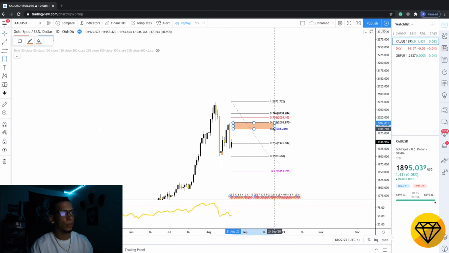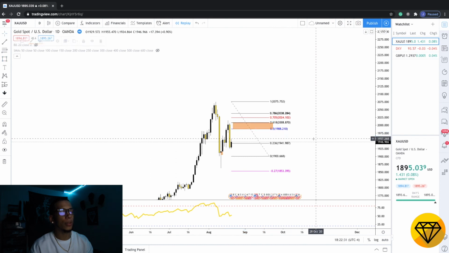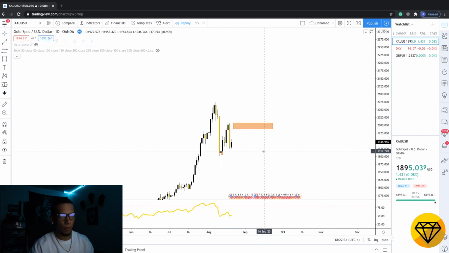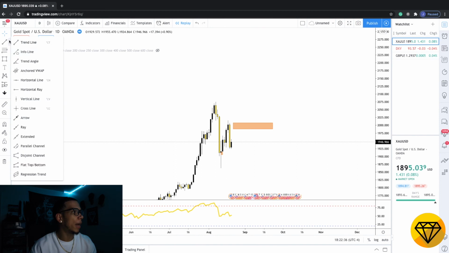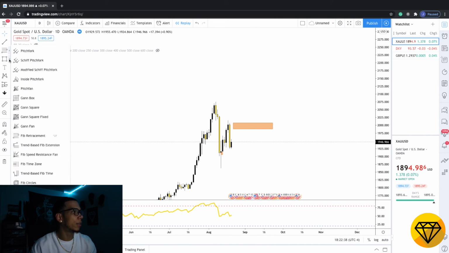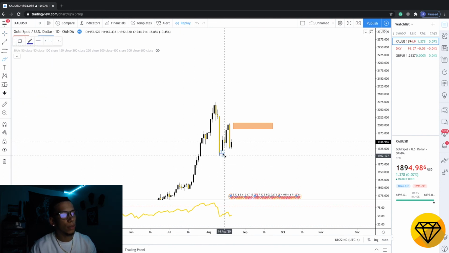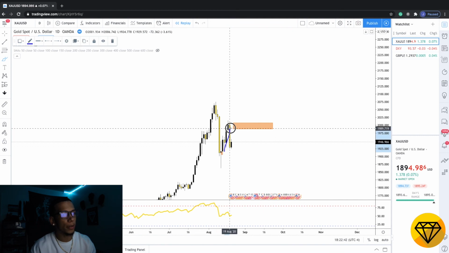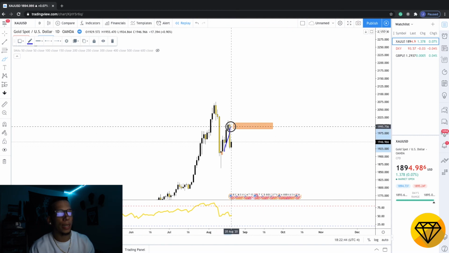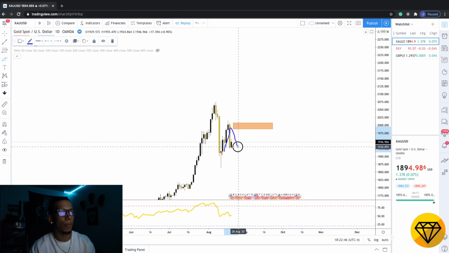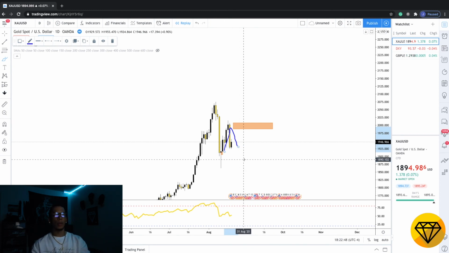Boom. Now this is two things you could have done. You could have taken a long from here to here, one golden zone to the next, and taken a short right back down.